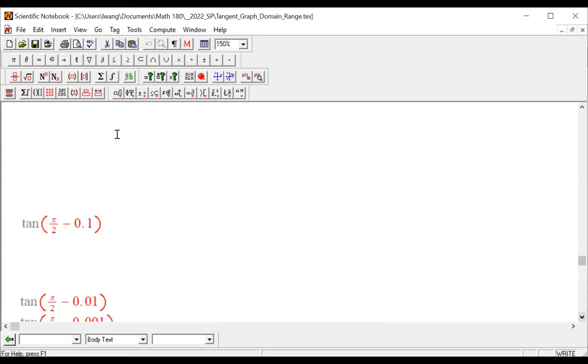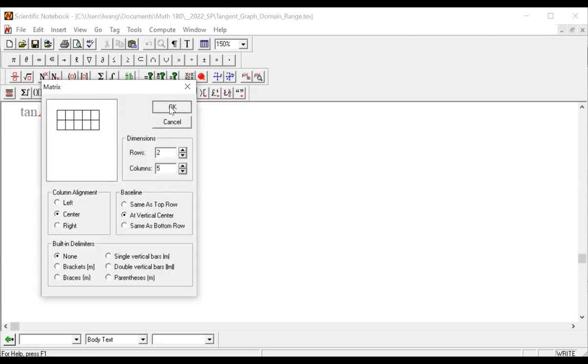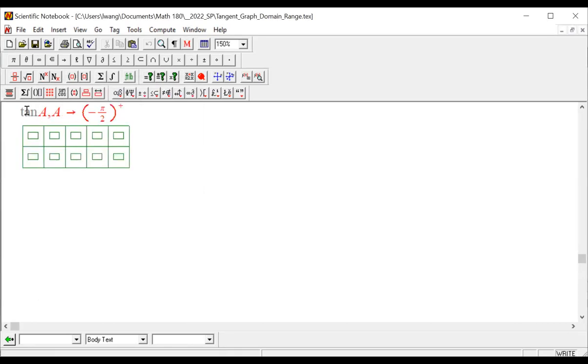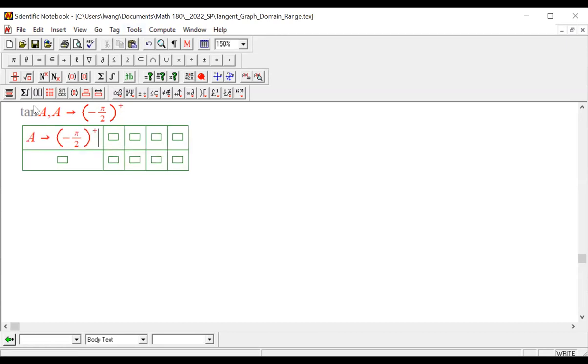We're going to observe it from a degrees perspective, and also from a radians perspective. Once again, we're going to make those tables. We have the angle, and we have the tangent ratio.